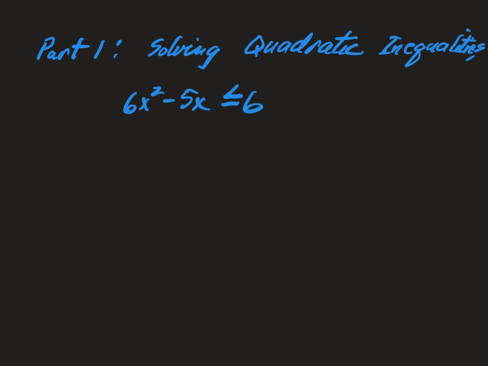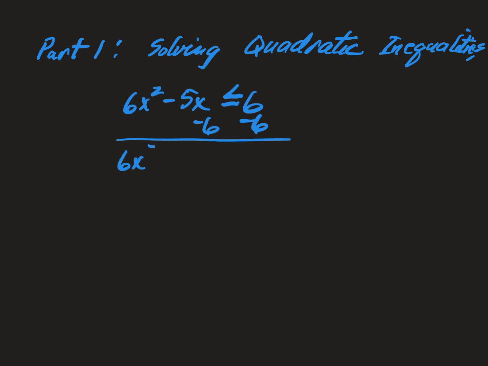Now, when we solve quadratic equations, we had to set them equal to 0. So the same exact thing applies to a quadratic inequality, except it needs to be less than or greater than 0. So go ahead and take your equation and get it to 0. So we're going to subtract 6 from both sides.